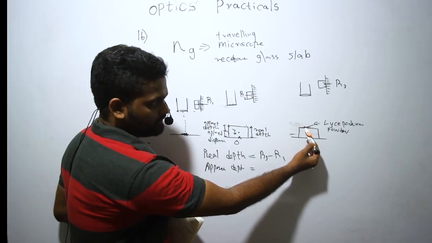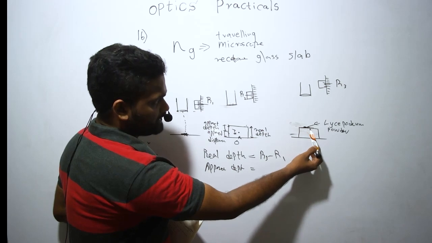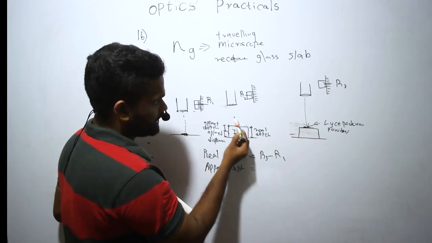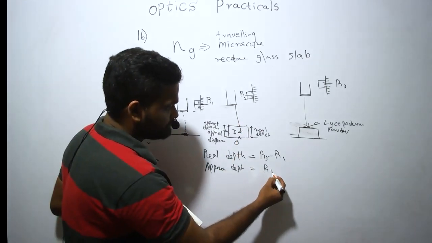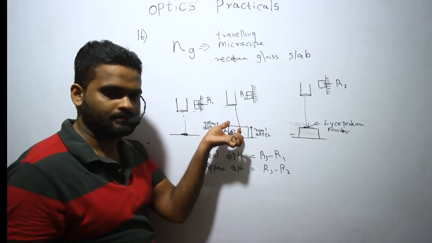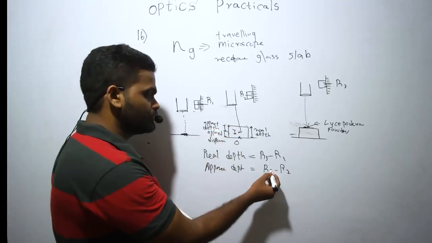So R3 minus R2, R3 is here to the top, R2 is here. So R3 minus R2 should be the apparent depth. Take it down. Apparent depth is R3 minus R2.